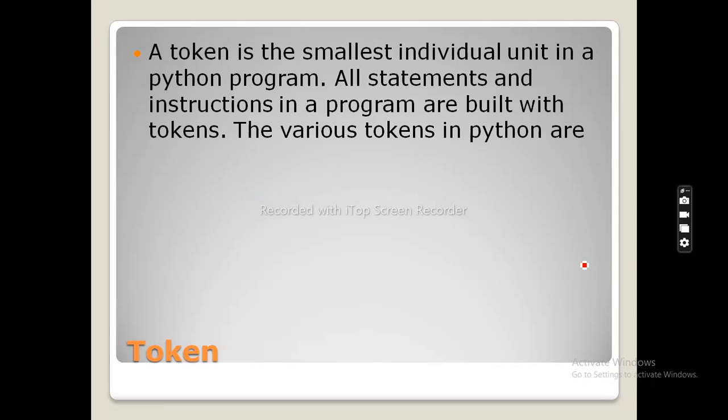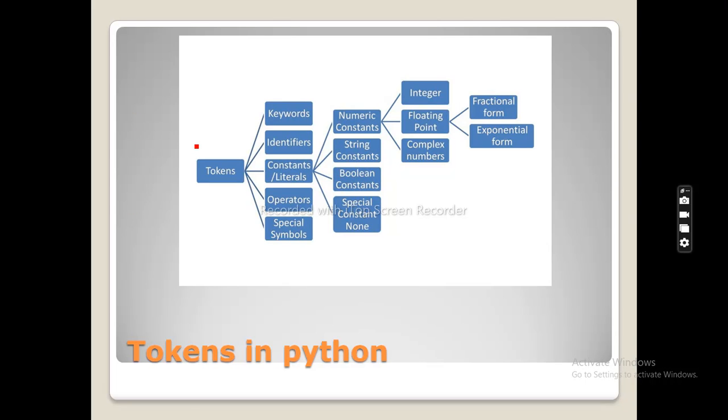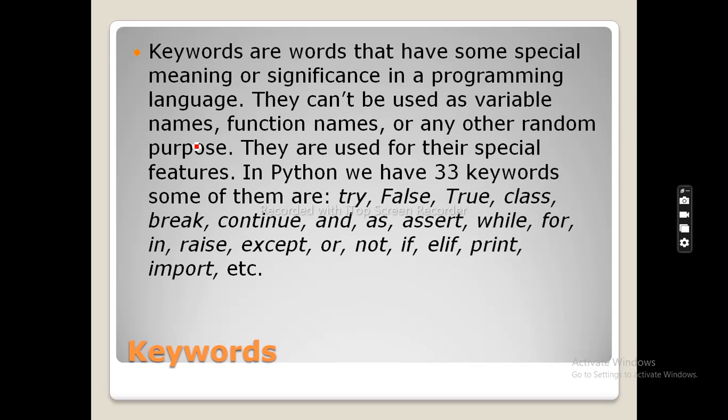What is a token? A token is the smallest individual unit in a Python program. All statements and instructions in a program are built with tokens. Whatever we study, keywords, punctuators, literals, constants, fractional part, all will come inside tokens.